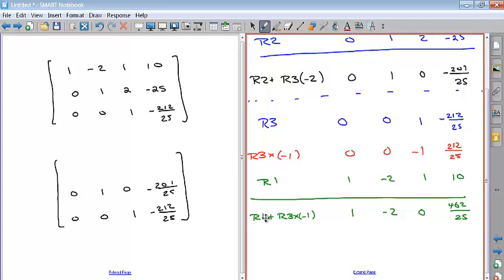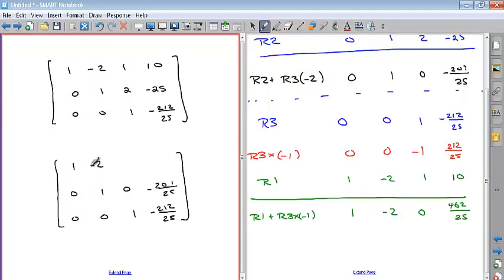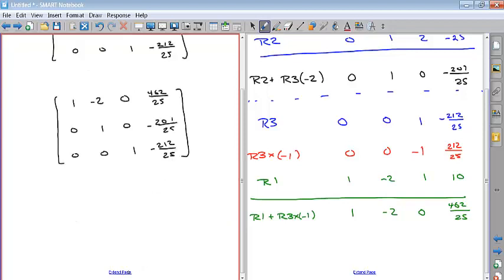Okay. So now we've substituted this for row 2. I'm going to substitute this for row 1. So you get 1, negative 2, 0, 462 over 25. So the only thing I have left is I want to get a 0 here.